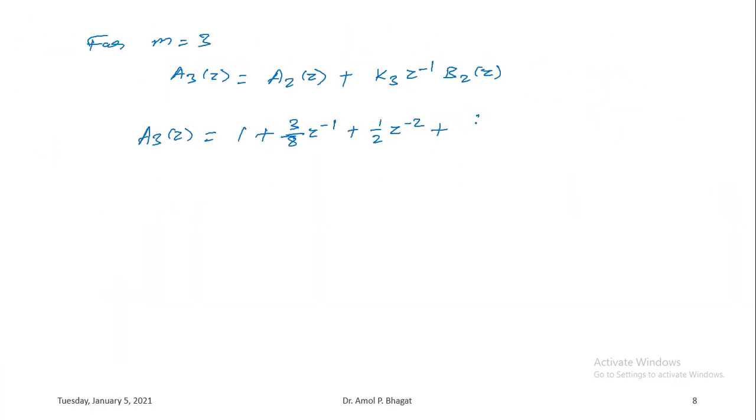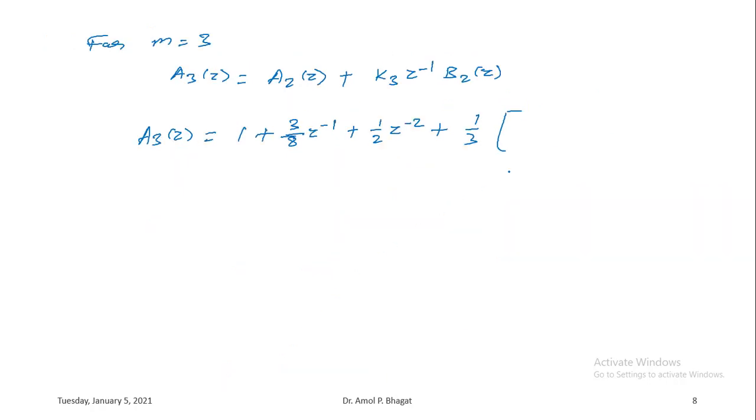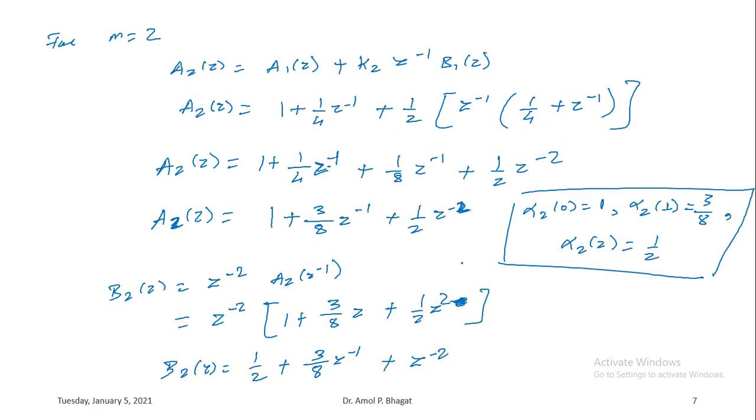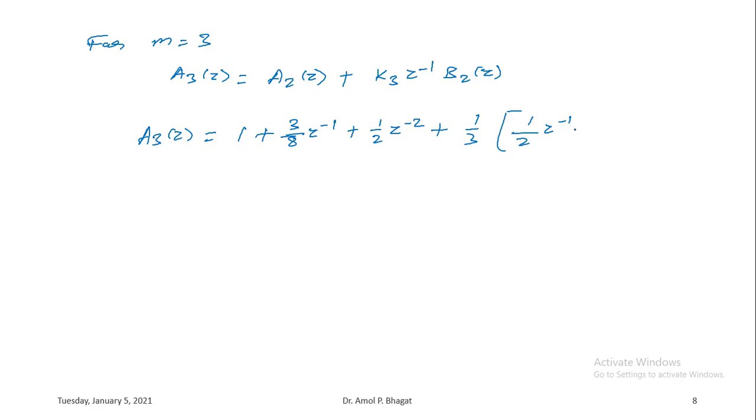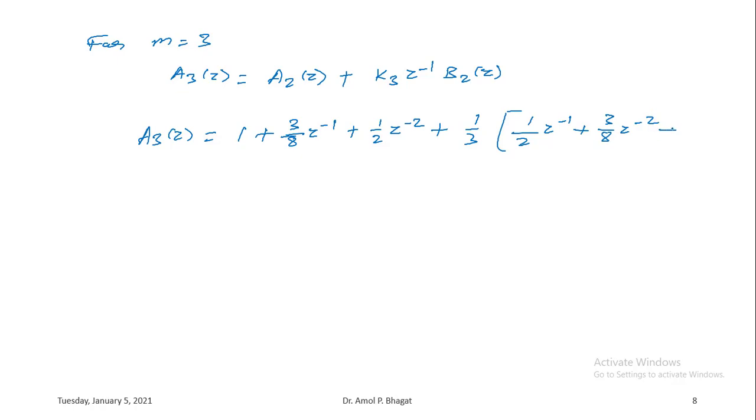In the given example it is 1 by 3, then z inverse multiplied by this b2 of z, so it will be 1 by 2 z inverse, then 3 by 8 z to the power minus 2 will be there. I'm just multiplying this z inverse inside the bracket, and this z to the power minus 3 will be there.